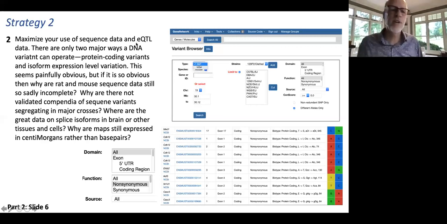The work that we've done with the BXDs has involved linked reads. We have parental data using Oxford Nanopore. So we should be able to get a fairly comprehensive list of all variants except in the ugliest parts of the genome, such as the Y chromosome and telomeric, centromeric regions.